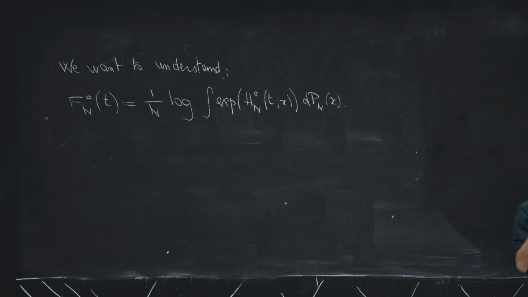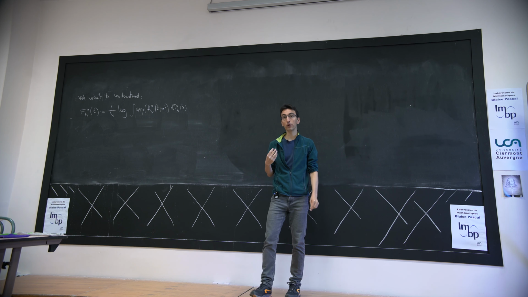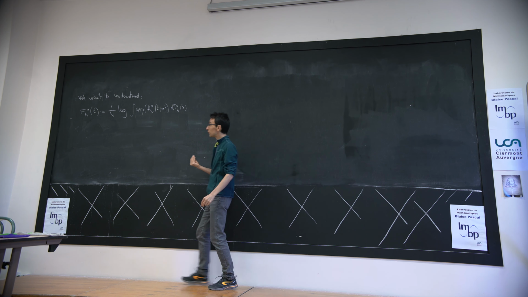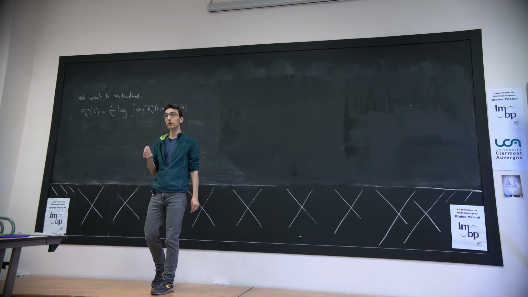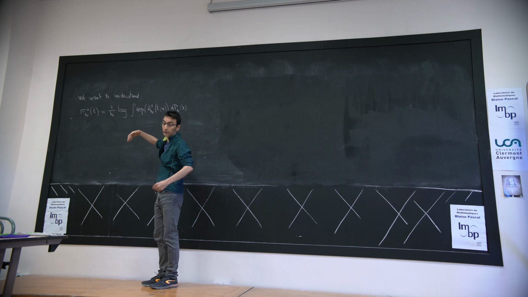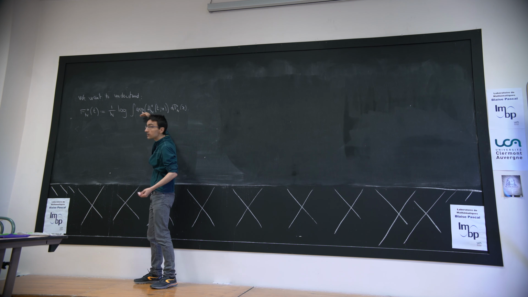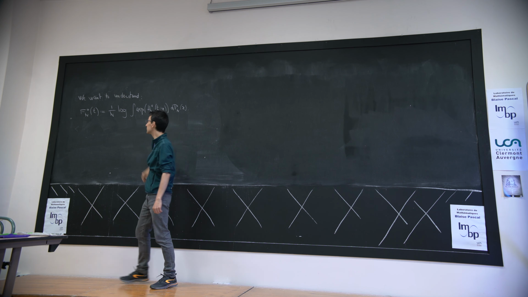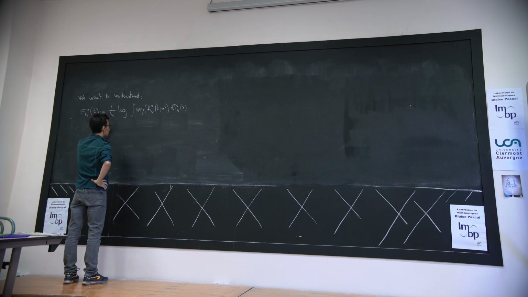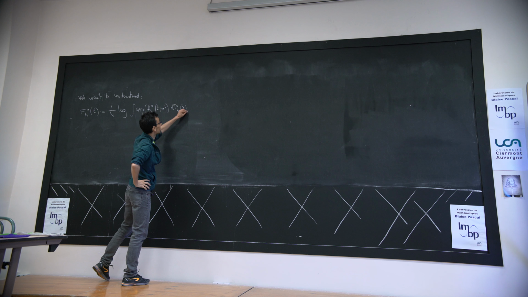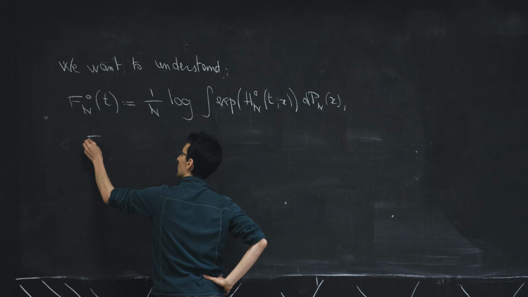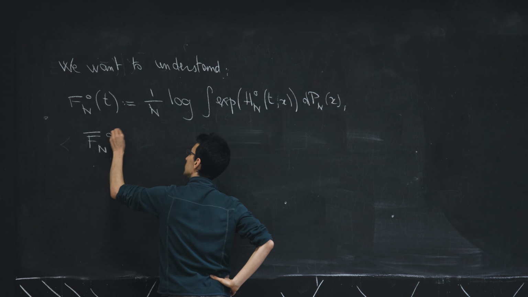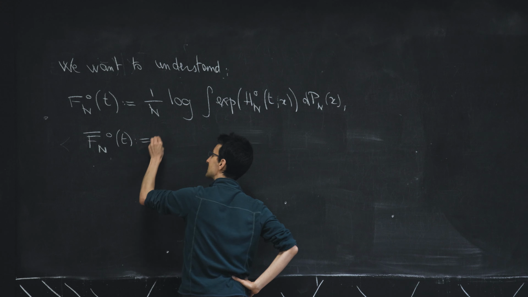So again, as we have stressed earlier, one key difference between this problem and the problem we faced earlier is that now this is a disordered model. This free energy itself is random. Okay? This quantity here has some w and x bar hidden inside. So I can define this, but I can also define its expectation. I'm going to write F_n bar^0(t) for the expectation of that quantity.